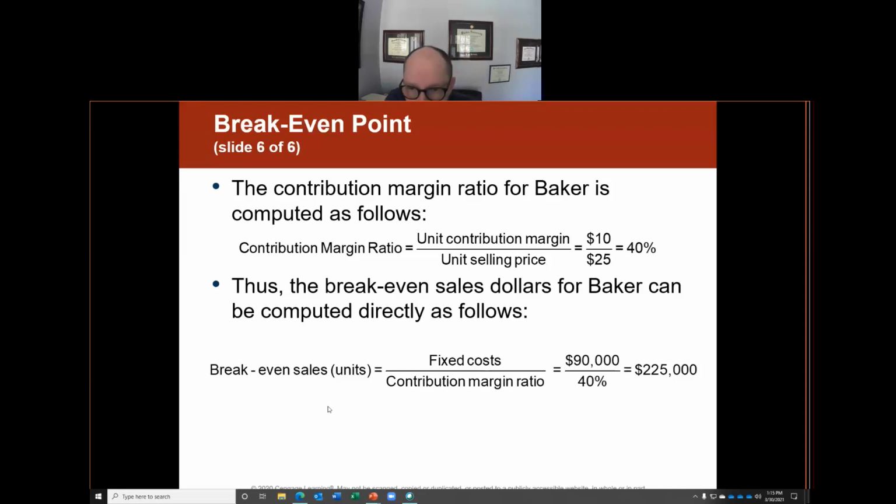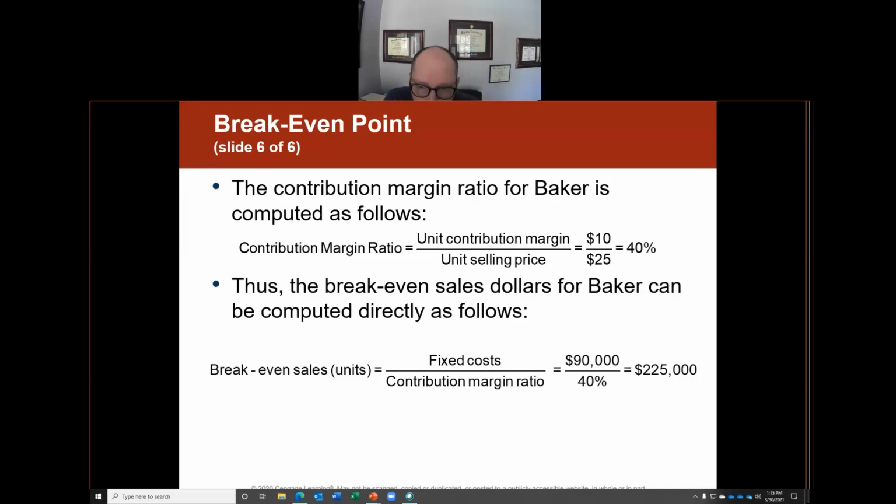So here's how it looks in our example. My unit contribution margin is $10. $25 sales price minus $15 variable cost equals unit contribution margin of $10 per unit divided by sales price, $25 per unit. My unit contribution margin ratio is 40%.